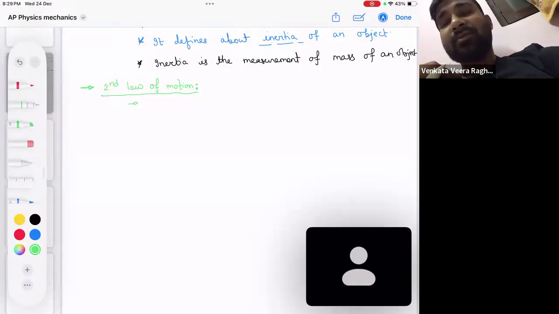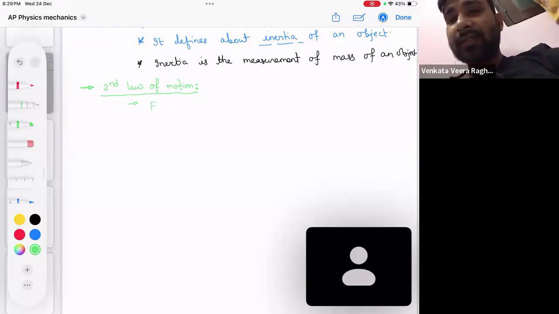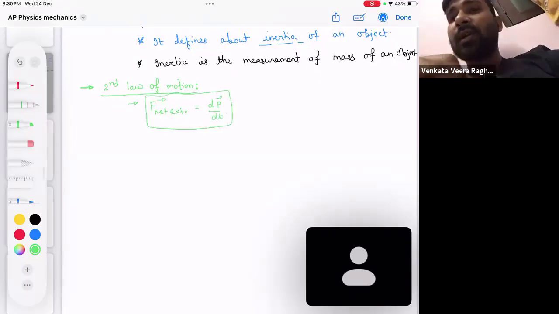Mathematically, Newton's second law says the net external force acting on the body is equal to the rate of change of momentum of the particle.